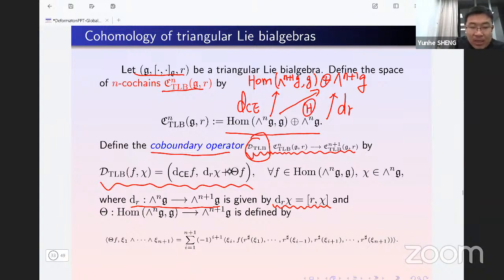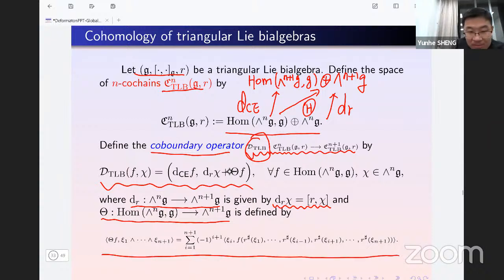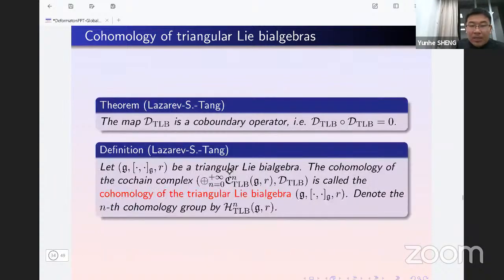So Theta is from Hom(wedge^n G, G) to wedge^{n+1} G, which is defined by this formula. It is a little small, but you can see that this capital Theta is totally determined by R, actually R sharp. And then we can show that the composition of DTLB and DTLB is 0. So DTLB is a coboundary operator.